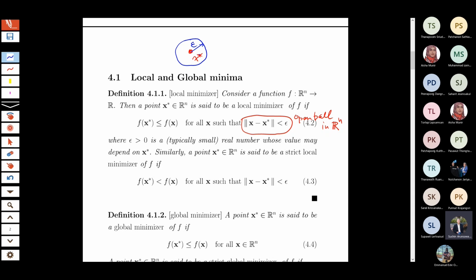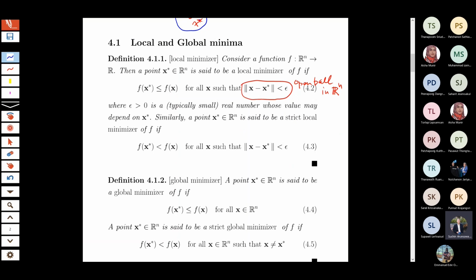Any point x inside this open ball satisfies the norm of x minus x* less than epsilon. Normally epsilon is a very small real number.